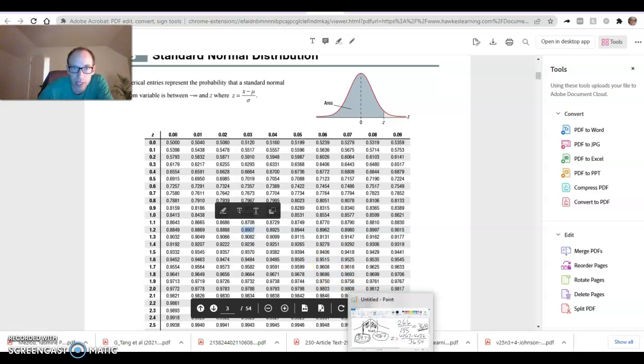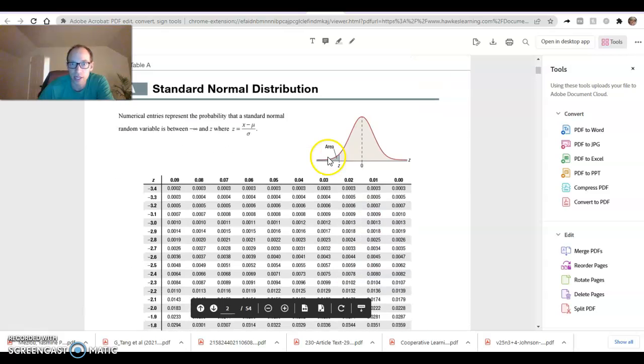And the way I know which table to look at, I can see the picture here. Notice this matches what I'm looking for. I'm looking for something on the right side of the mean, whereas the next one is the left side of the mean. But both of them are giving me the area to the left.